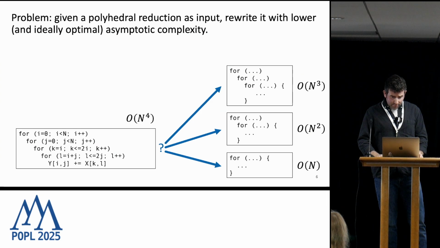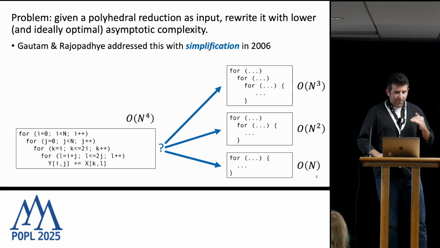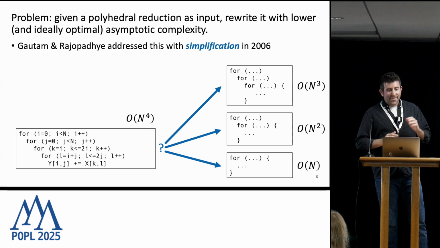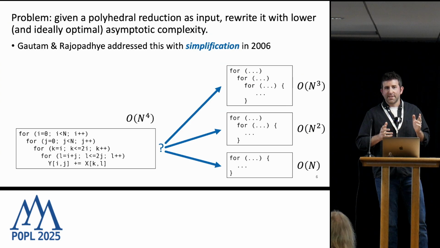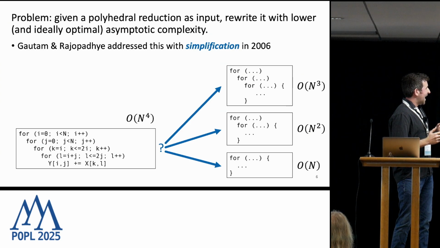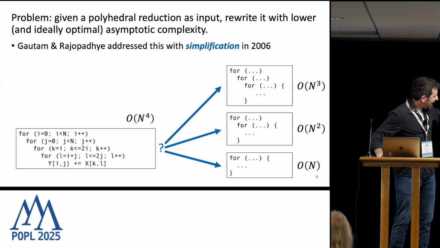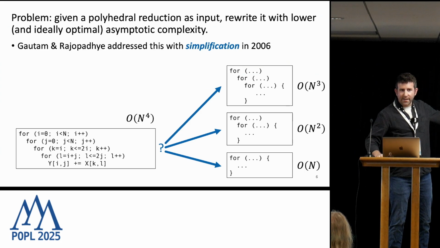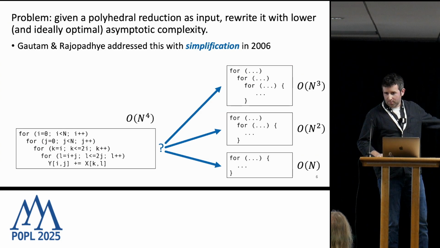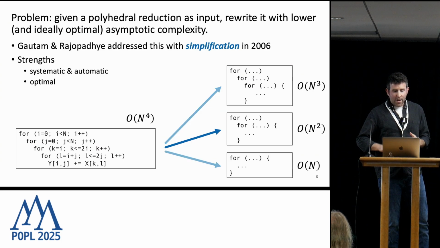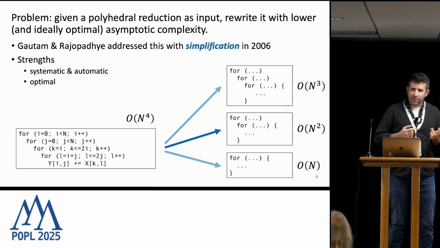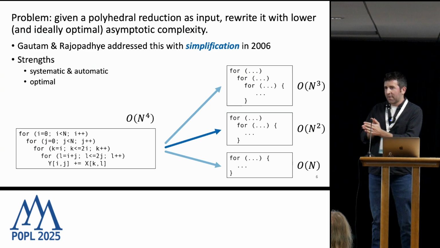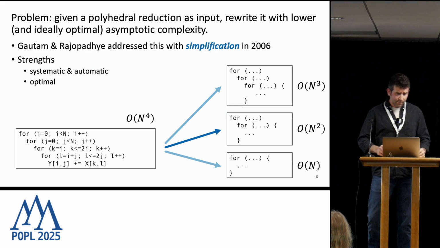And you can. This simplification was introduced in 2006, and they addressed this problem. So being able to take an input specification like the four loops on the left here, and automatically spit out the equivalent quadratic representation without having to use your clever human to say, oh, I recognize that we're reusing things like this.